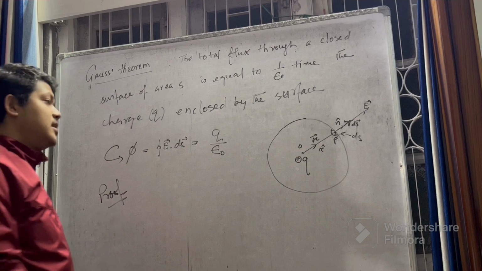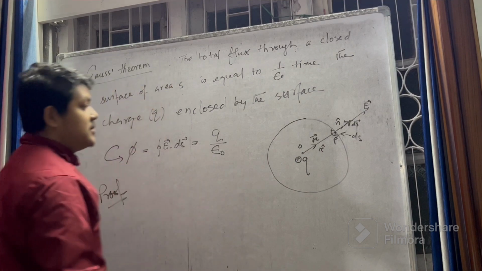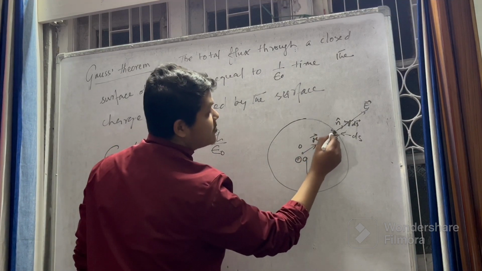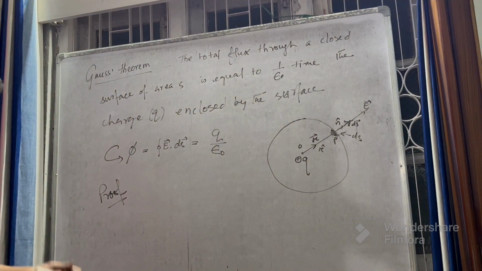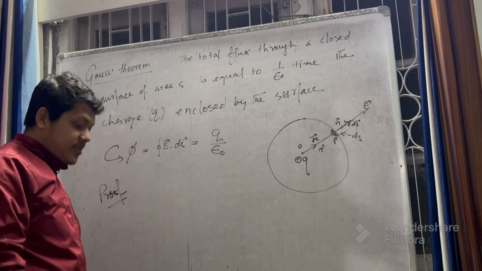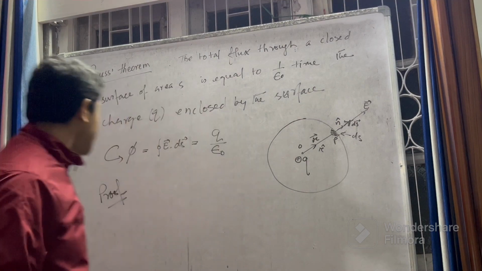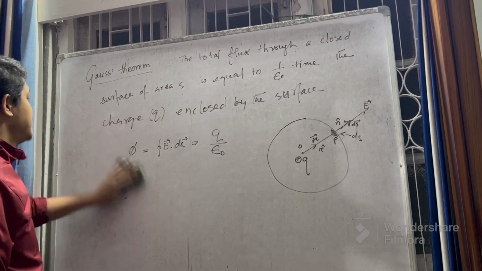So hope you have got these things up to this point. So this is the very small area element. Let us consider a very small area element. Now you see, let me clean this.